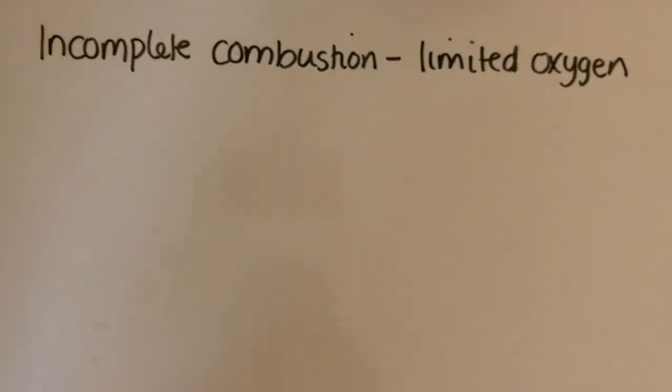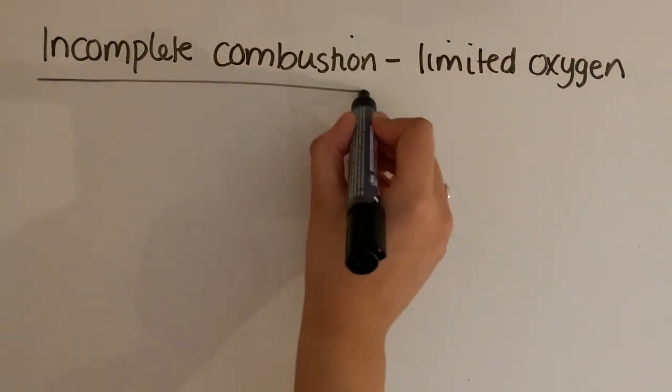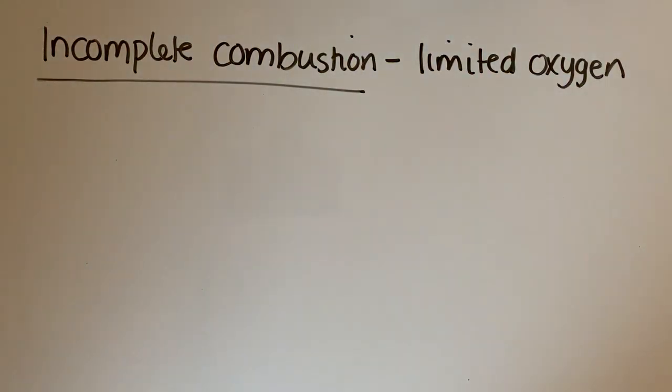There are essentially two types of reactions that we can write here. One is when you burn that compound and form carbon monoxide and water. Or you can write an equation where you form pure carbon and water. So there are two possible incomplete combustion equations we can write.